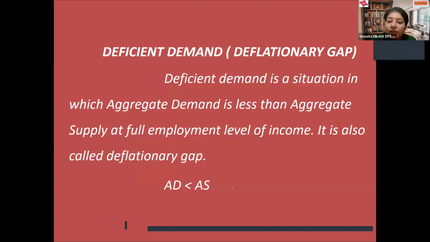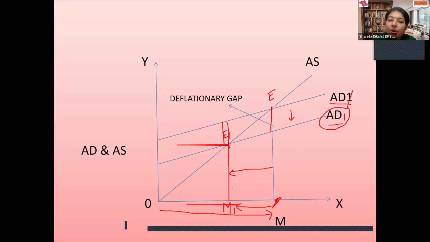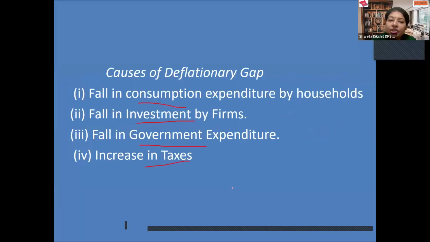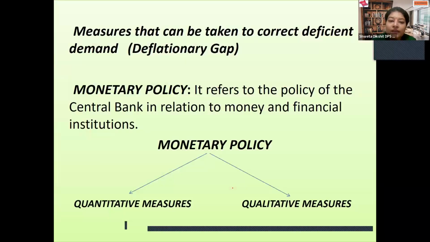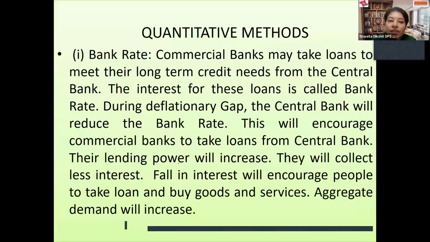Now, how to control deficient demand? The tools are all the same; only a few words will change. In the quantitative and qualitative measures of monetary policy, the bank rate, which earlier I said will increase, this time I will say decrease. So every rate will decrease. Why?